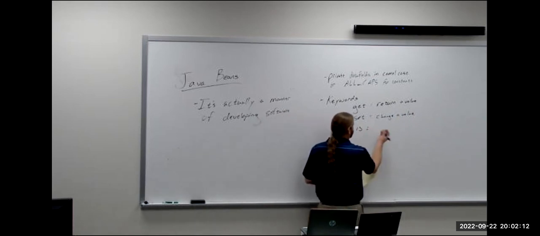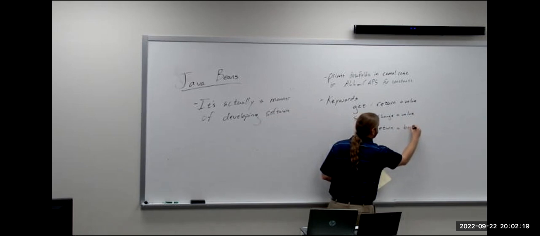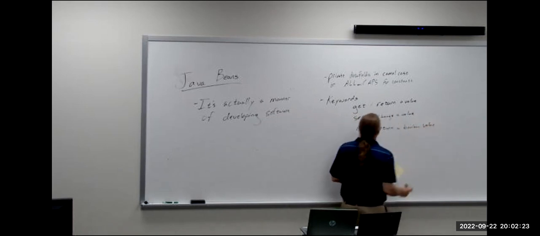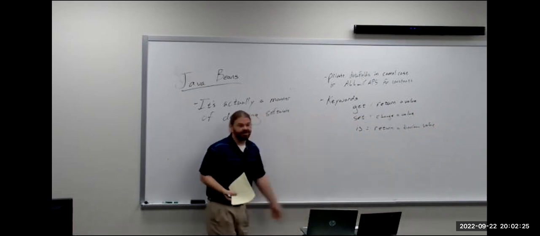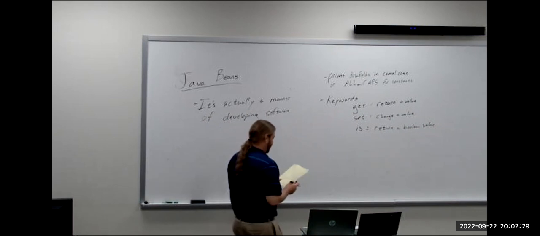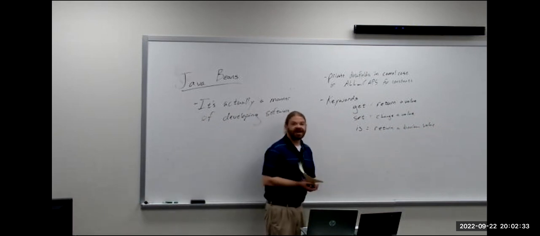Is returns a Boolean value. So I guess that's a special case of getters, but it makes more sense when we say it that way, when we talk about the self-documenting code idea.